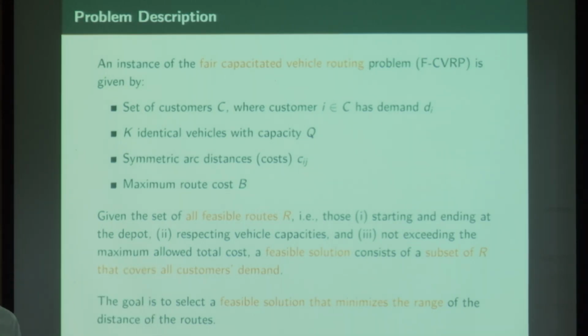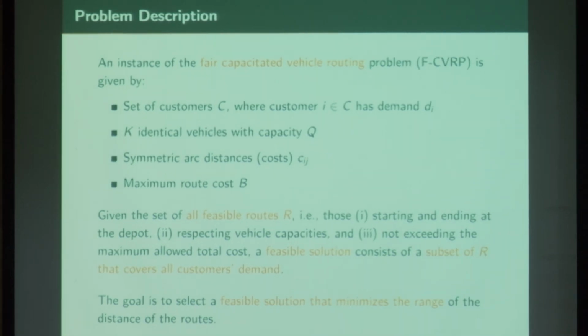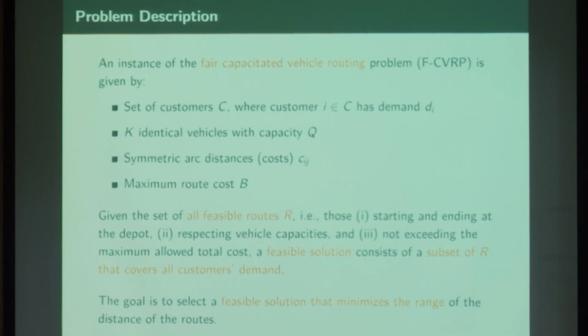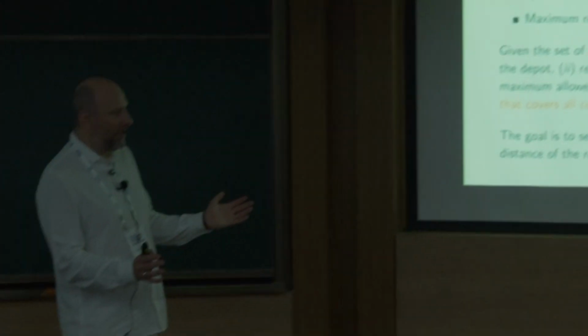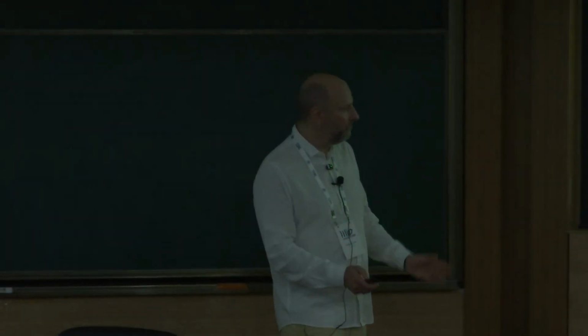A feasible solution consists in a subset of R such that every customer is covered, of course. And the optimal solution is the one that minimizes the range between the longest route and the shortest one.